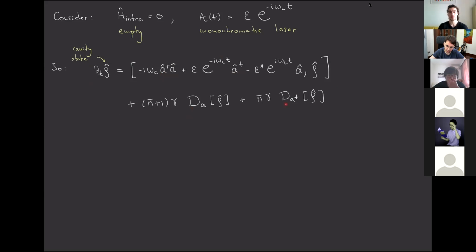And because the jump operator is linear in the annihilation and creation operators, the dissipators will be quadratic. So whenever you have a master equation that is quadratic in annihilation and creation operators, or position and momentum, the state will remain Gaussian if it starts Gaussian, and the asymptotic state will be Gaussian, okay?